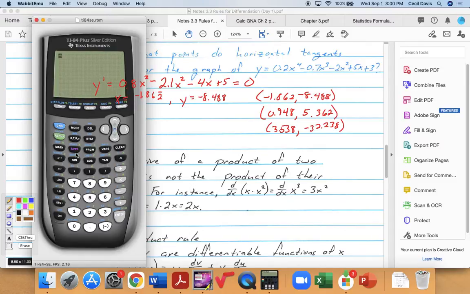No, I think you typed it right. He typed it right in the graph, but I mean, it's 4x plus 5, right? Oh, you did 0.02. Exactly. I tried to do 0.2. Well, that would explain why these are all so far off.